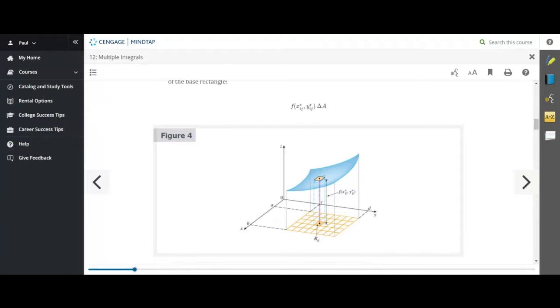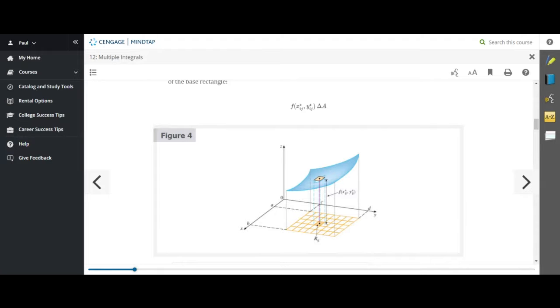So there you have a subrectangle in the xy plane in that region D or region R, and the area of the rectangle is called delta A. So you see above the picture in figure 4, there's a delta A. For a point in the subrectangle, you compute a point x sub ij, y sub ij.